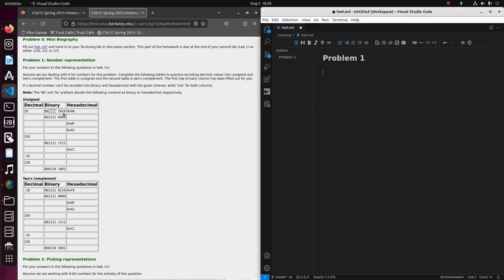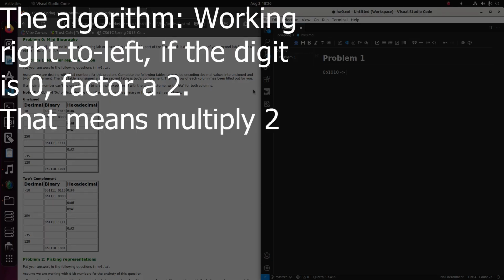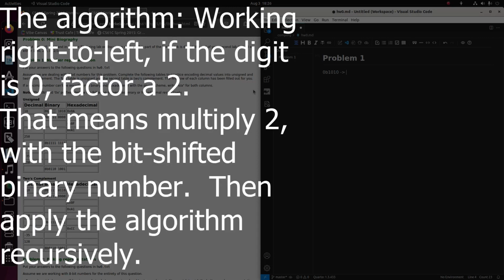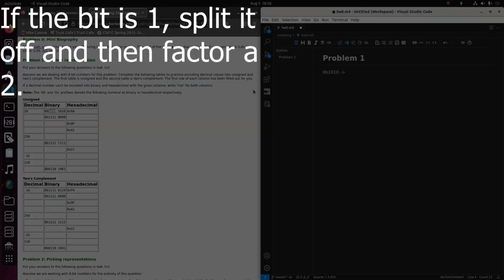Those leading zeros are unimportant. And so maybe I'll represent the number like this, with the 0b again just indicating that this is to be read as a binary number. And we're going to start processing this number into a decimal, which is to say base 10. So how do you do it?